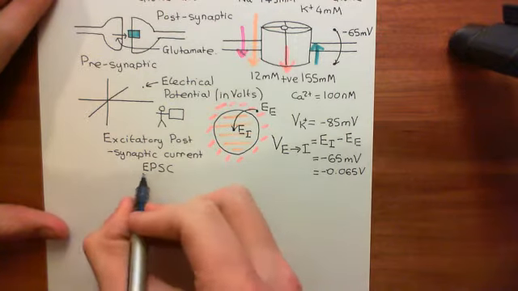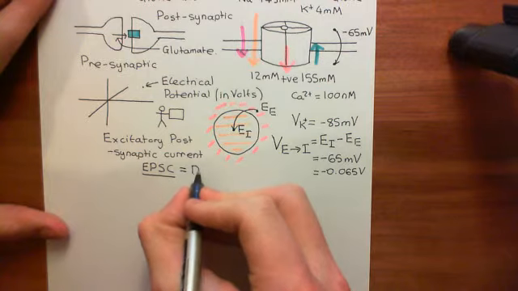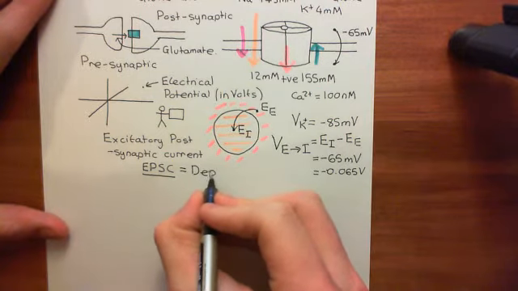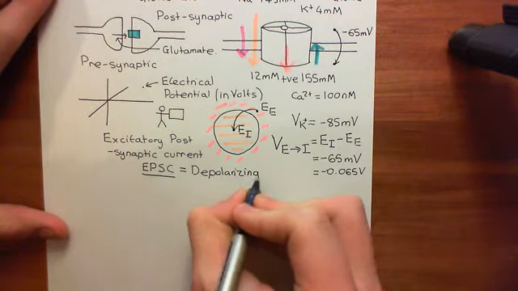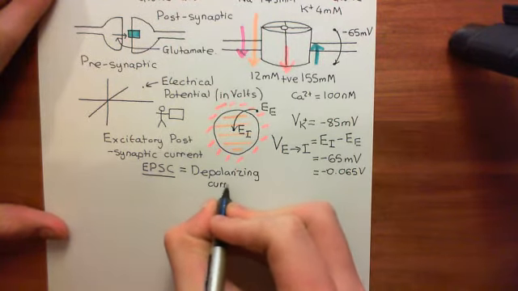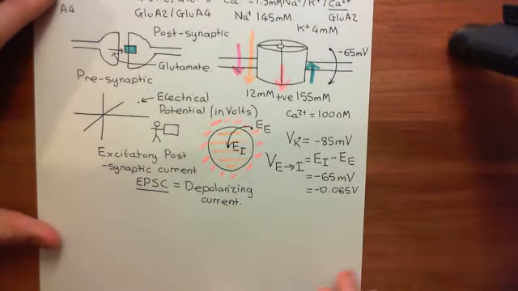They're usually abbreviated to EPSCs. However, to be honest, I think a more useful name for this current is a depolarizing current, because that's the most direct thing that this current is actually going to do. It's going to depolarize the electrical potential difference across the cell membrane.